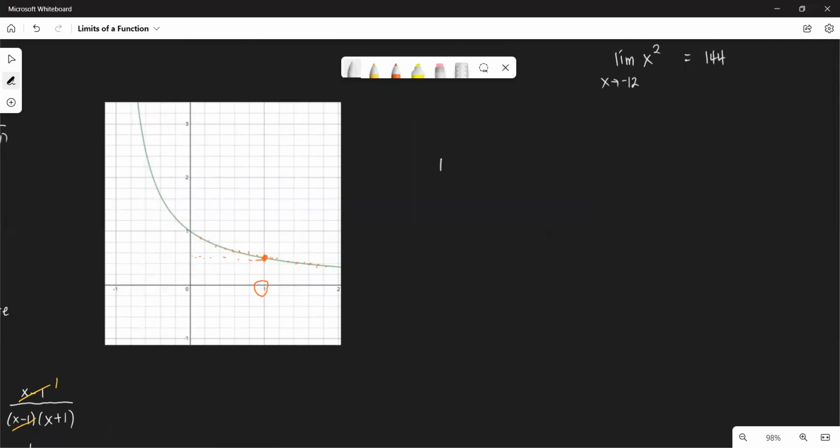Okay, the limit of, let's say, 1 over x minus 1 half, and then for the bottom part, the denominator, let's say it's x minus 2.